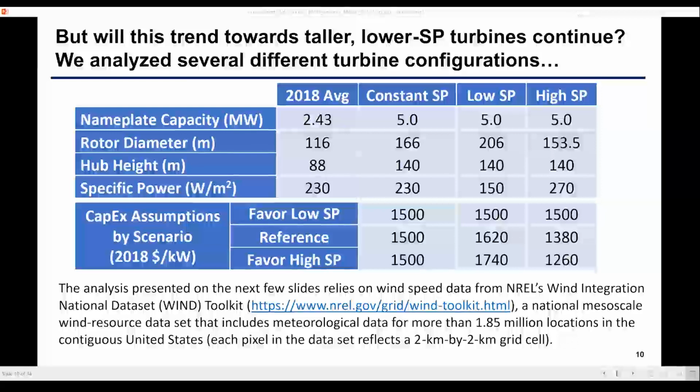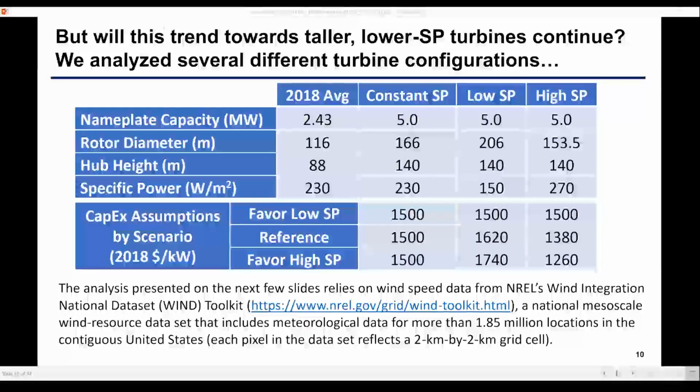The favor low SP scenario has a constant Capex of $1,500 per kilowatt for all 3 turbine options. Our reference scenario, in the middle, reflects both empirical and modeled estimations of the price spread between lower and higher specific powers, as a function of the larger rotor sizes for lower specific power.